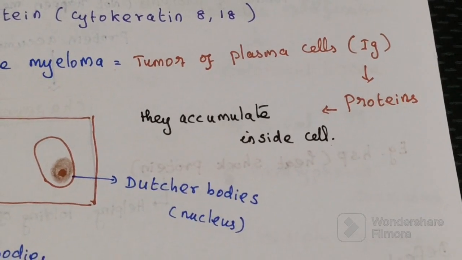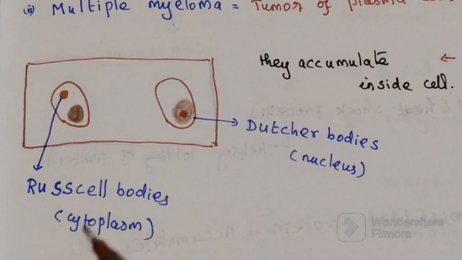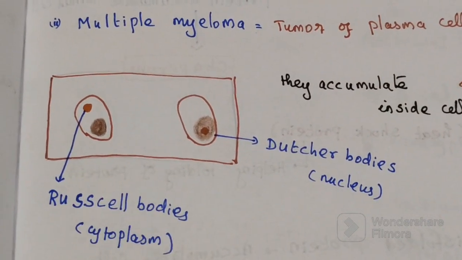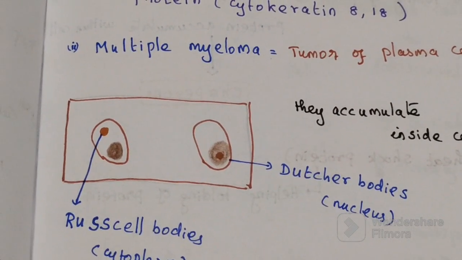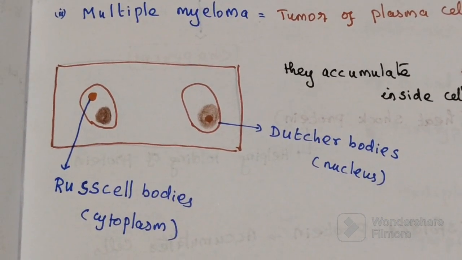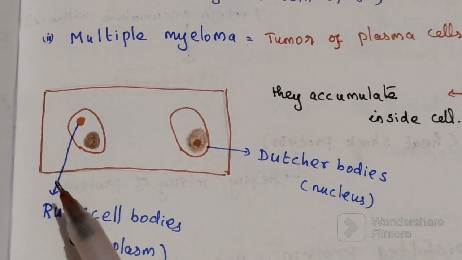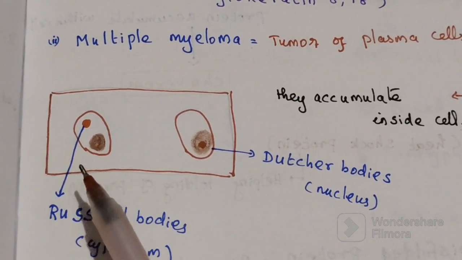How do they accumulate inside the cell? See the plasma cell. The nucleus in a plasma cell is always pushed to the periphery.